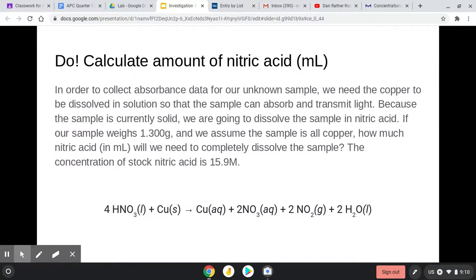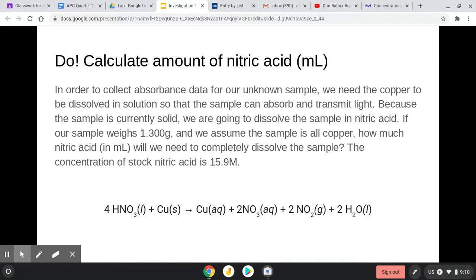All right, the other thing I need you to do in this pre-lab is to calculate the amount of nitric acid we need. So like I said, we have our little brass sample here that we're going to dissolve, and we need to dissolve it because we can't put a solid into the spectrophotometer. If we put a solid into the spectrophotometer, then the solid is going to reflect all the light, absorb maybe some of it, and transmit none of the light.